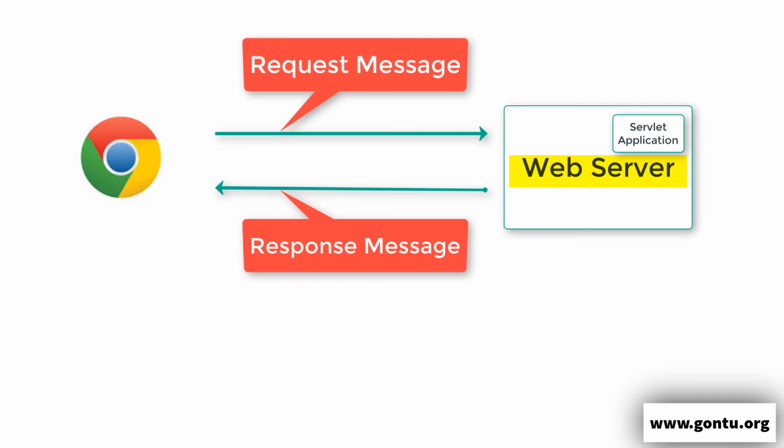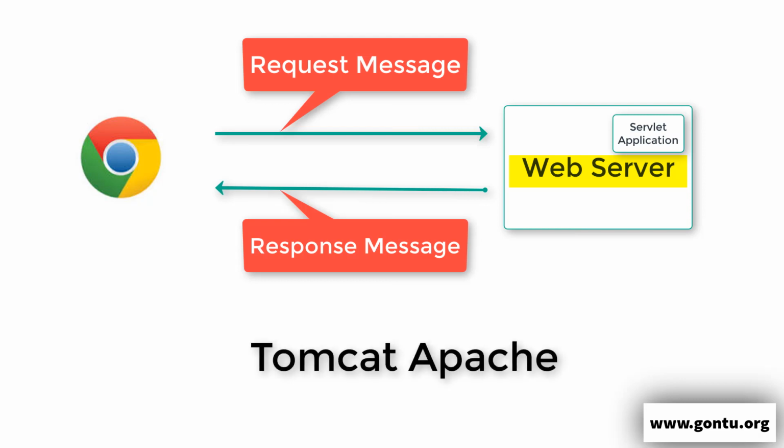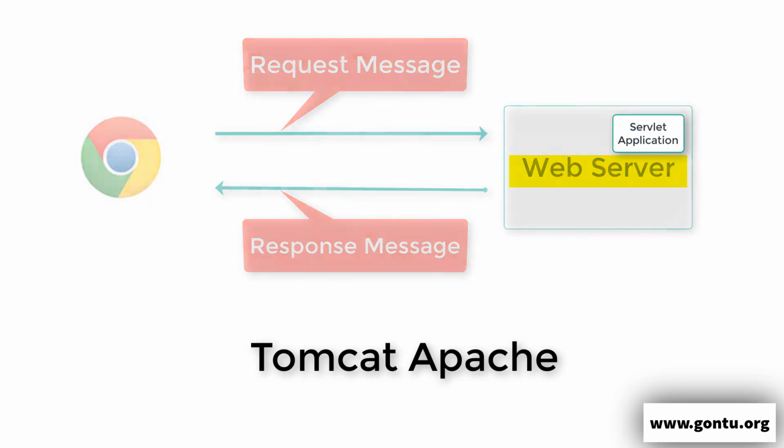If you want to make use of a freely available web server, then I suggest you go about using Tomcat Apache web server with your servlet application. It's not only free, but at the same time it's one of the very popular web server programs available these days. So simply go to the Apache Tomcat website, download this server in your computer, and use it along with your servlet application to allow it to listen to and respond to any user's request.